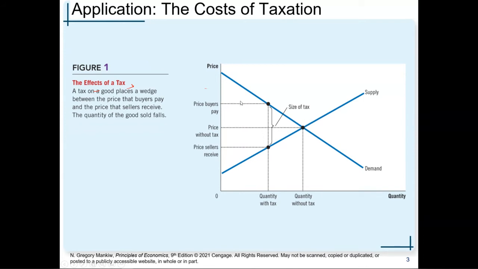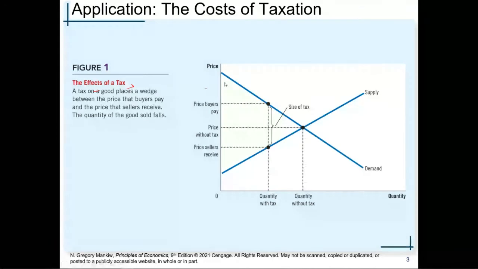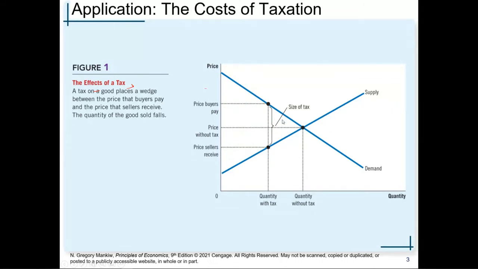But if we're looking at just this graph, we can see this area up here, the triangle. That would be the consumer surplus. This area down here would be producer surplus. This would be deadweight loss in these two triangles, these two areas, and this will be revenue to the government.